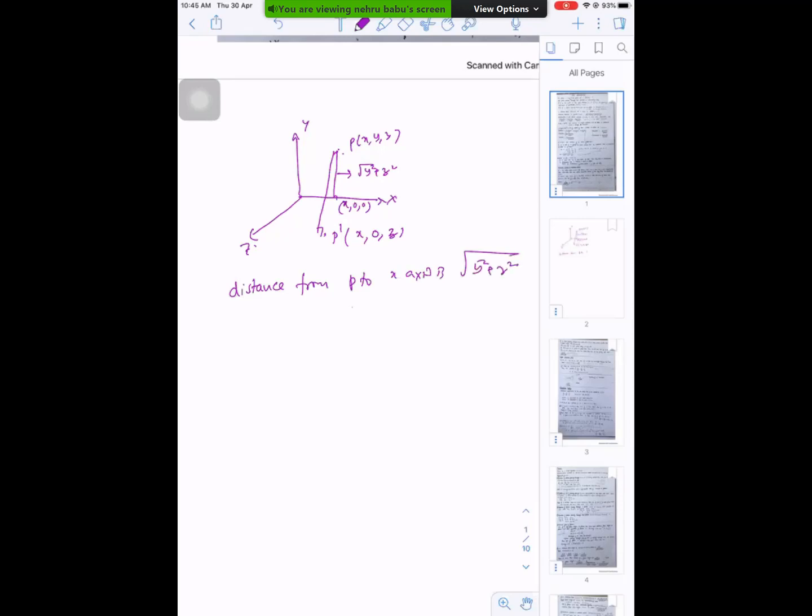Similarly, the distance from P to the yz plane is the x coordinate. So our x coordinate is the distance to the yz plane, the y coordinate is the distance to the xz plane, and the z coordinate is the distance to the xy plane. Based on that, we will take all these things.